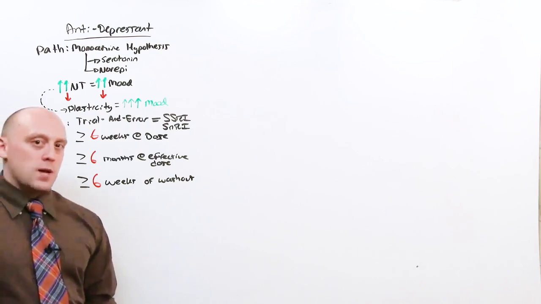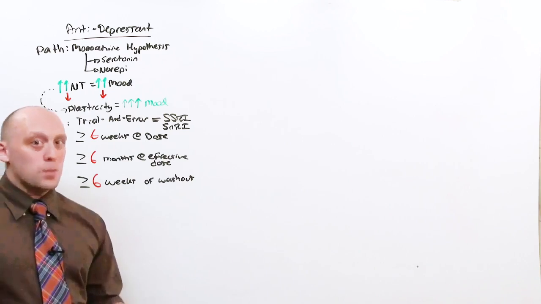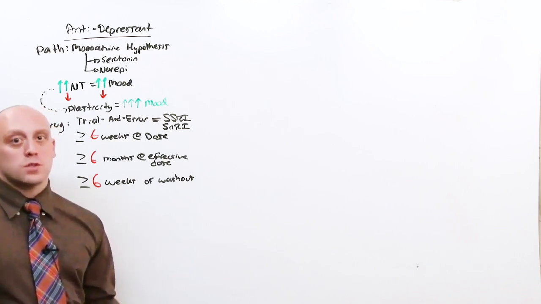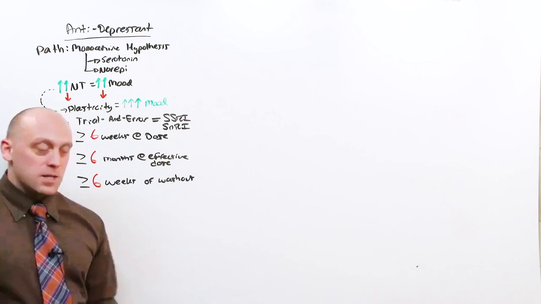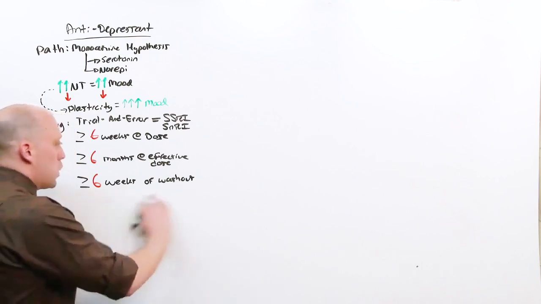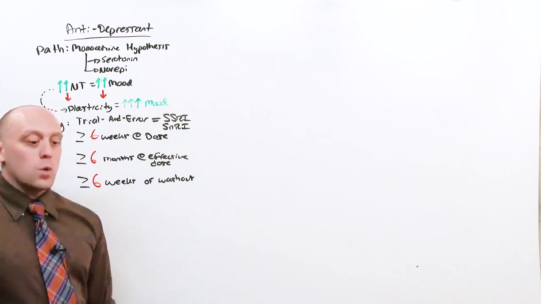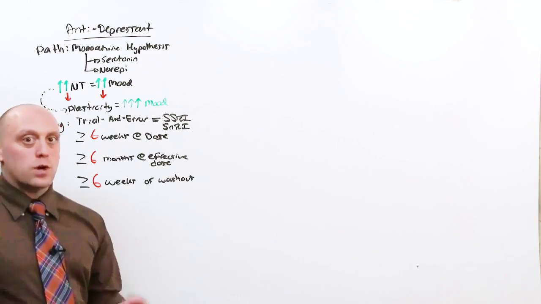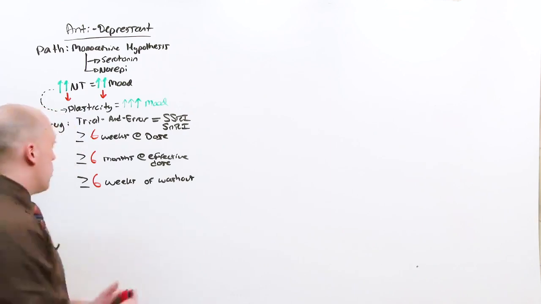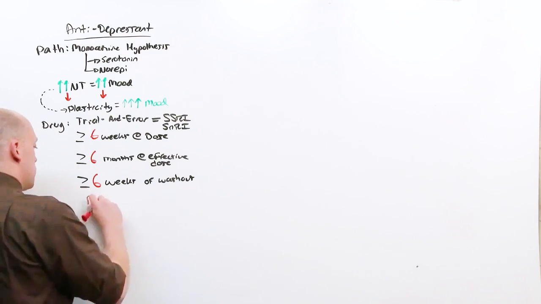What you'll see in clinical practice is a lot of people double up the SSRIs because they're so selective. But for the tests, even though it's a bit archaic, you still want to look for the period of washout. That is, if you're going to stop one medication, wait 3 to 6 weeks before you start another one. And the goal is to get the maximum dose.